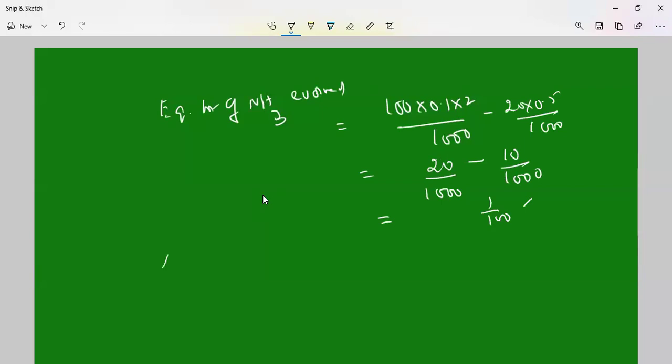Now what is the percentage of nitrogen? It is 1 by 100 into 14 by 0.3 into 100.